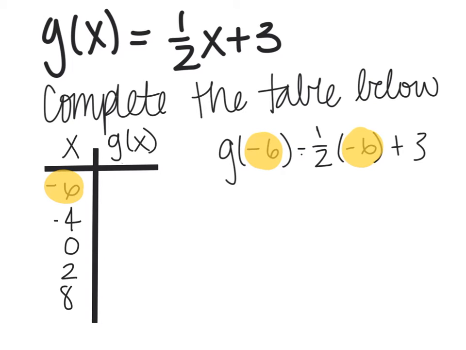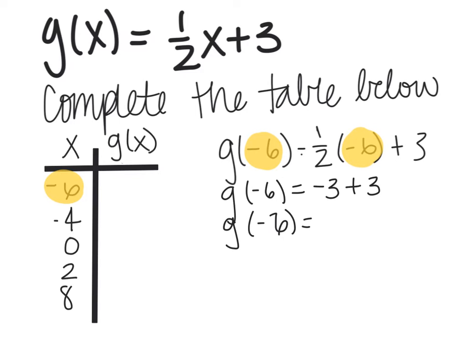So if I work that out, well, I have g of negative 6 equals 1/2 of negative 6 is negative 3. And then I have negative 3 plus 3, and negative 3 plus 3 is going to be 0. So the other half of this answer is 0.